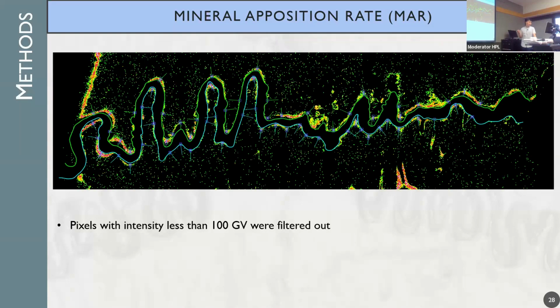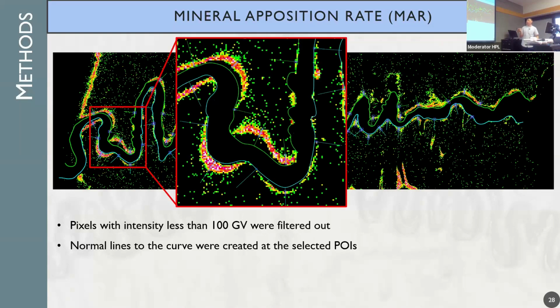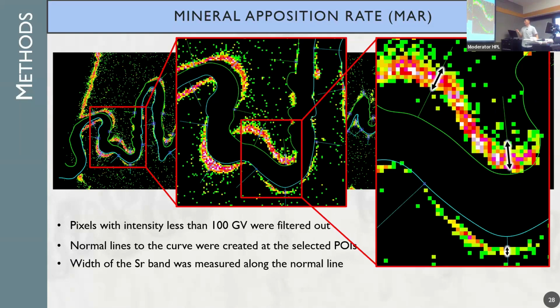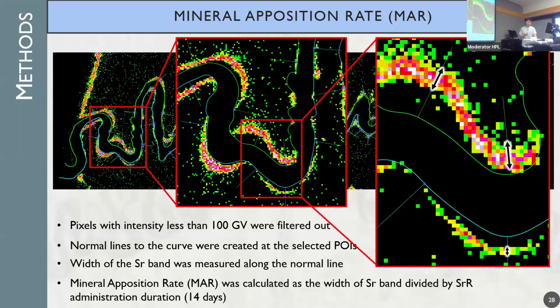And then I filtered out all the pixels except those with strontium percent, then created normals at the suture points of interest, and finally measured the width of the strontium band. So it gives me how much bone grew within the duration of the strontium administration. With that, I was able to calculate mineral apposition rate.